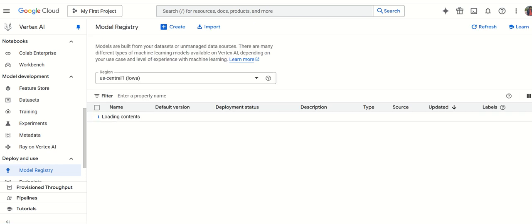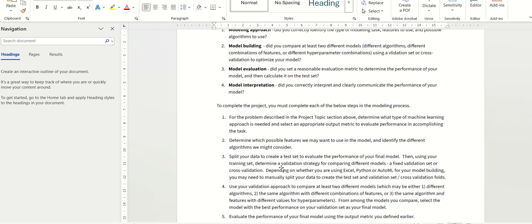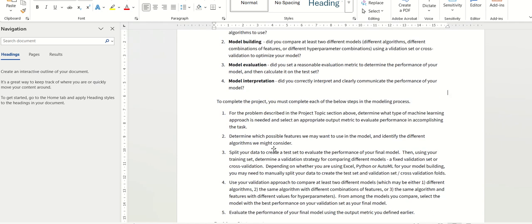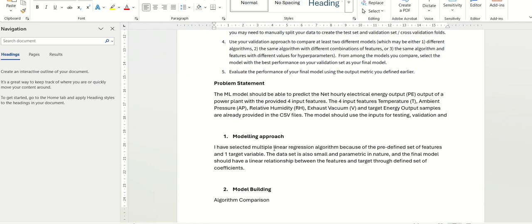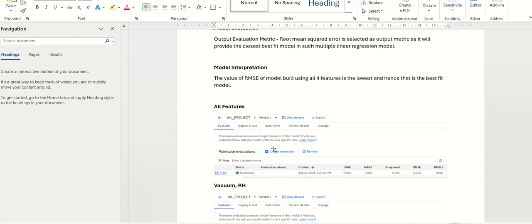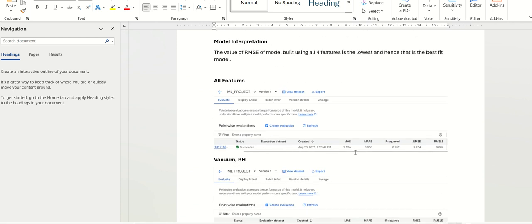Then I evaluated the models' output using mean absolute error, mean absolute percentage error, R square, and root mean square error.